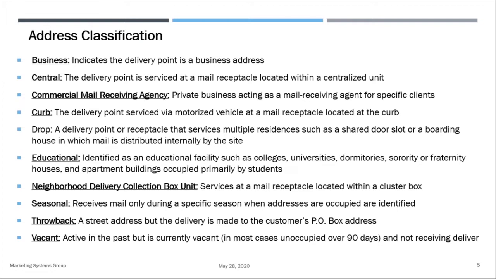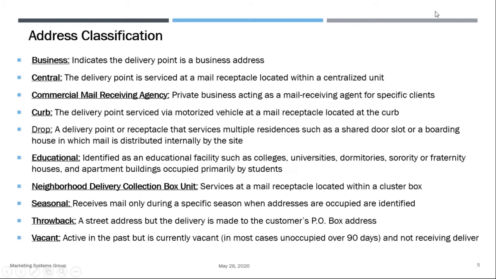Educational are identified as off-campus housing. Neighborhood delivery collection box. Sometimes you'll see neighborhoods where you see a cluster of boxes at the entrance of the neighborhood, and they all go and receive their mail there. Those percentages are also very low.